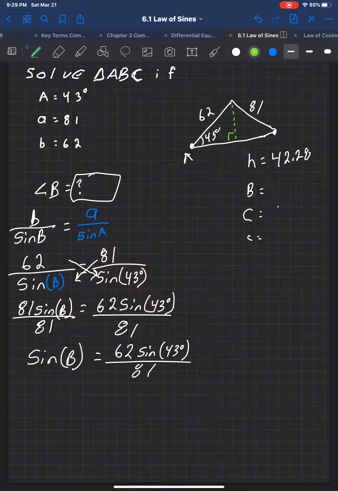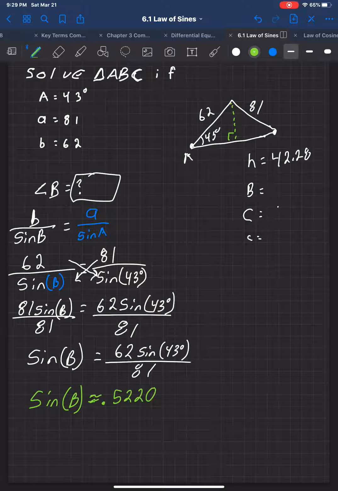If I take 62 times sine of 43 degrees divided by 81, as long as I'm in degree mode on my calculator, it's going to roughly give me 0.5220. Now let me pose a question to you.